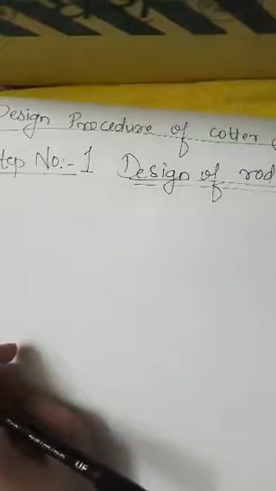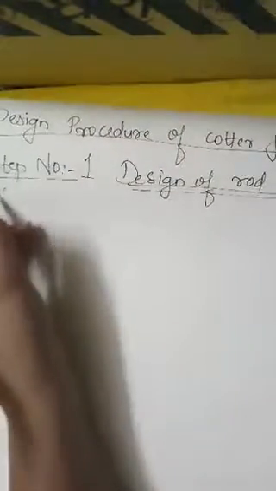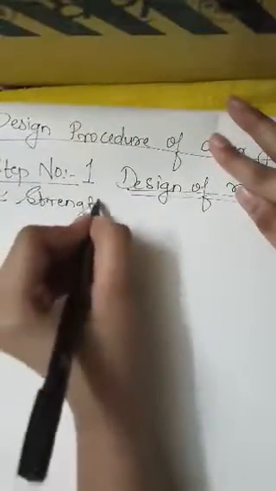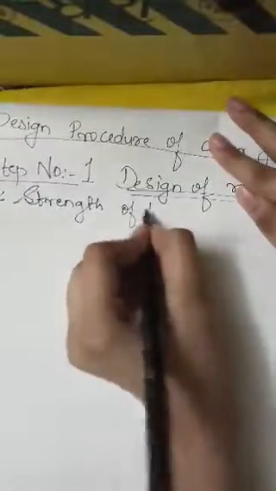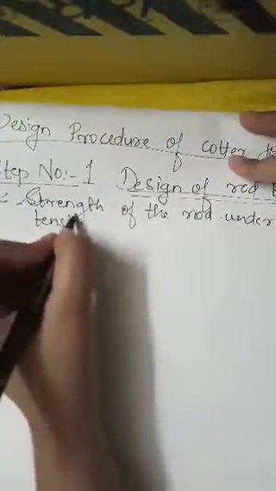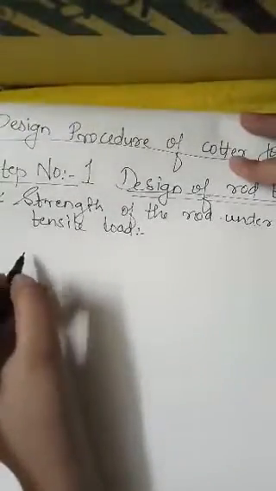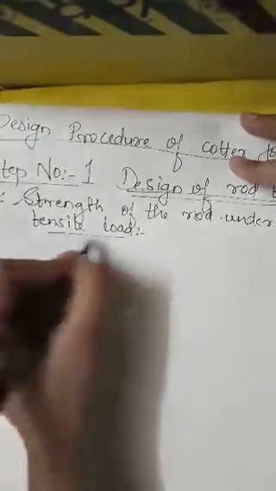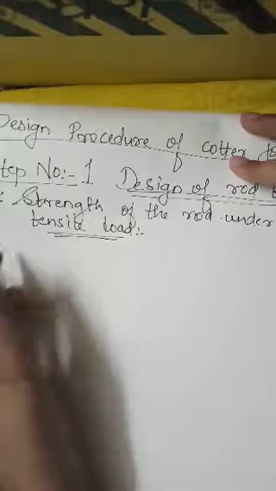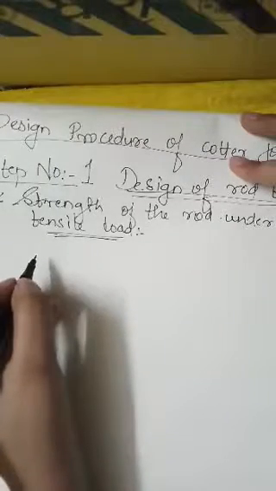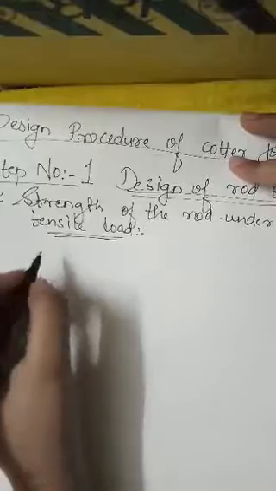Now since we are considering tensile loading, the strength of the rod under tensile loading, we will find out its tensile strength. Due to tensile loading there will be tensile failure, hence tensile stress or tensile failure will be considered.